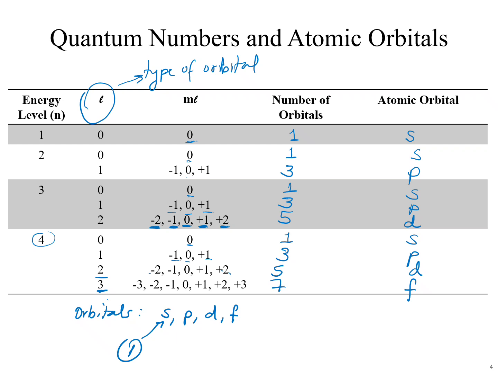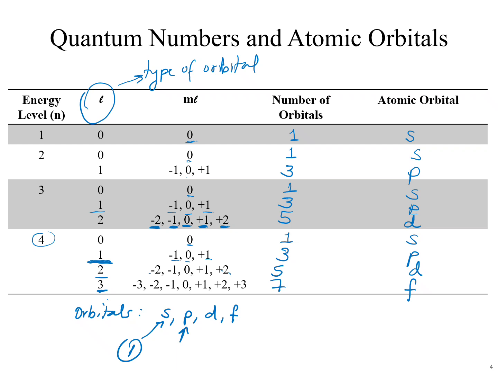Now on the second energy level, you have the s orbital, but you also have a value of L that is equal to 1. Whenever L is equal to 1, we have p orbitals. You can check. L1, p orbital. L1 here, and then we have p orbital. L1 here on the fourth energy level, and we have p orbitals.